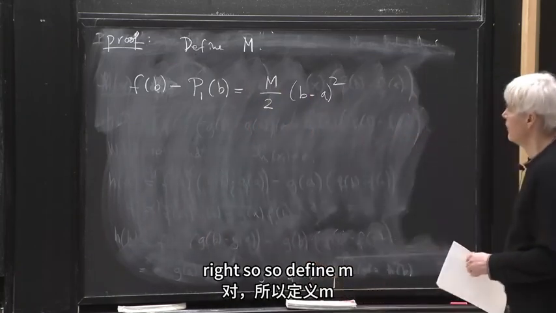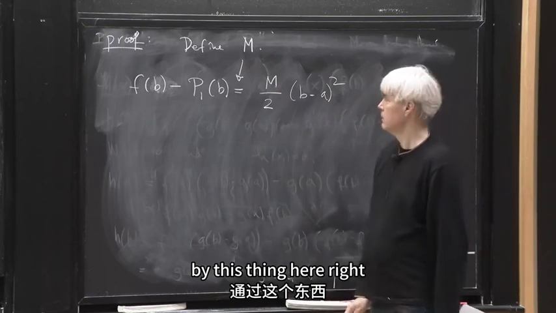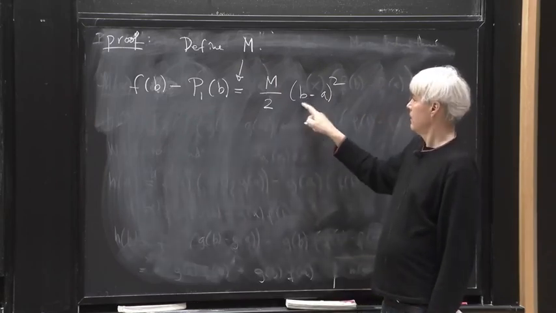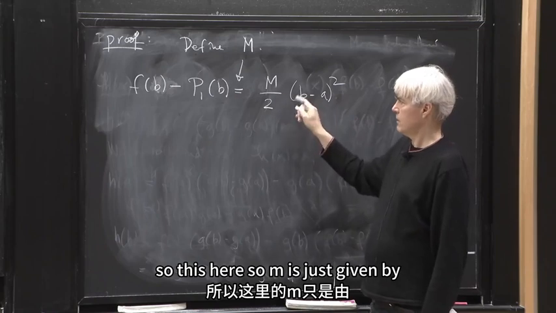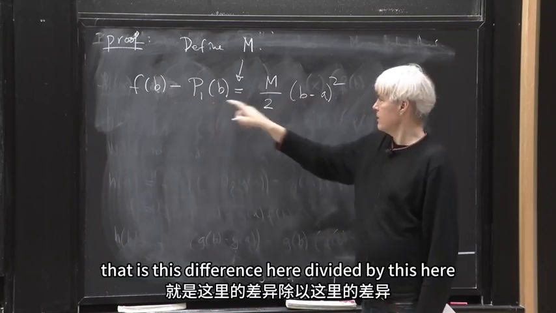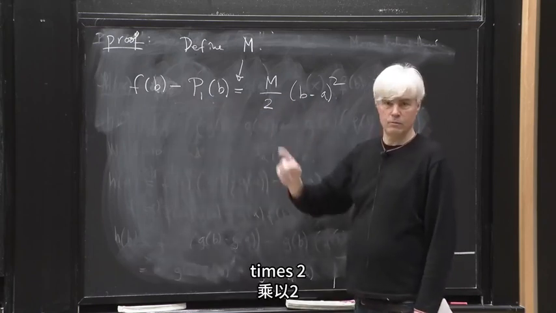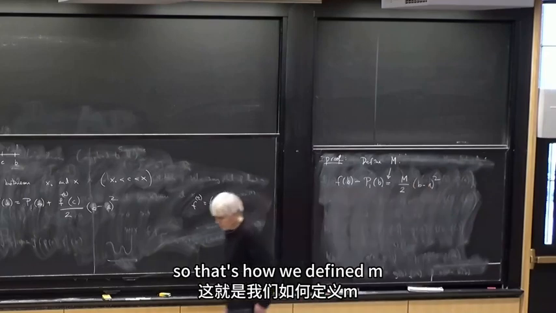So define M by this. This here just gives you some number. A and B are different, so B minus A squared is non-zero. So M is given by this difference divided by this, times 2. That's how we defined M.